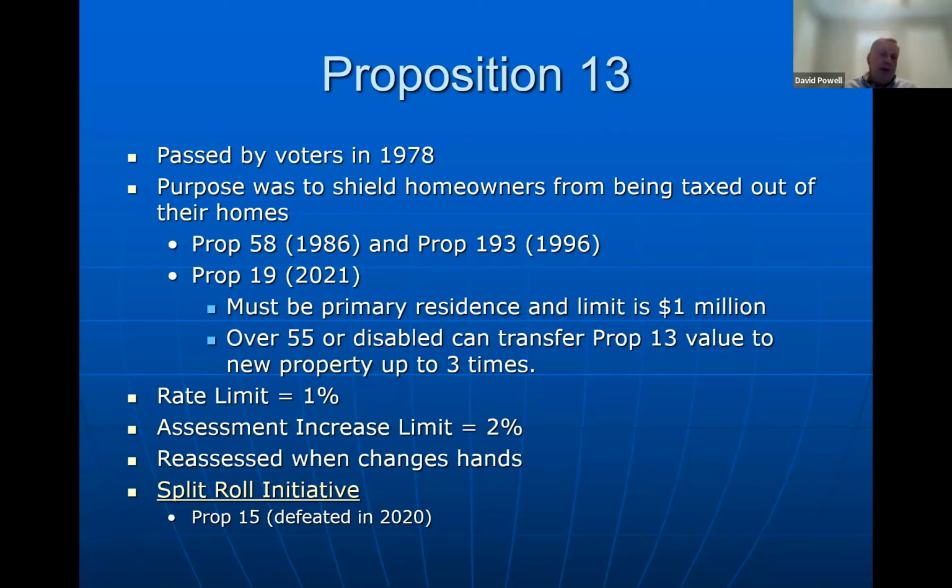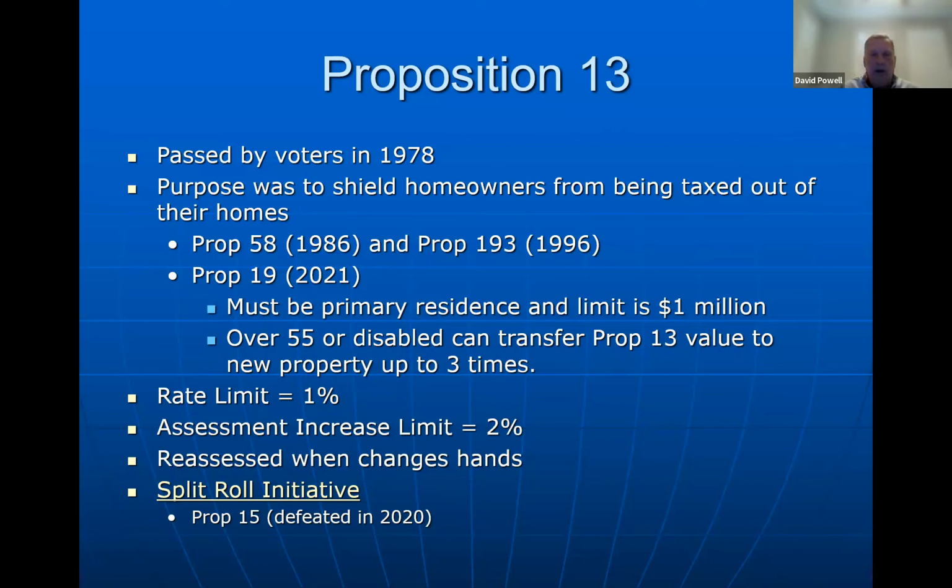So that's Proposition 13. That applies only here in California, thus making our property tax system relatively unique when compared to states around the country. There have been some calls to further revise Proposition 13. And one of the ways in which some people want to revise Proposition 13 is to do what's called a split roll initiative.